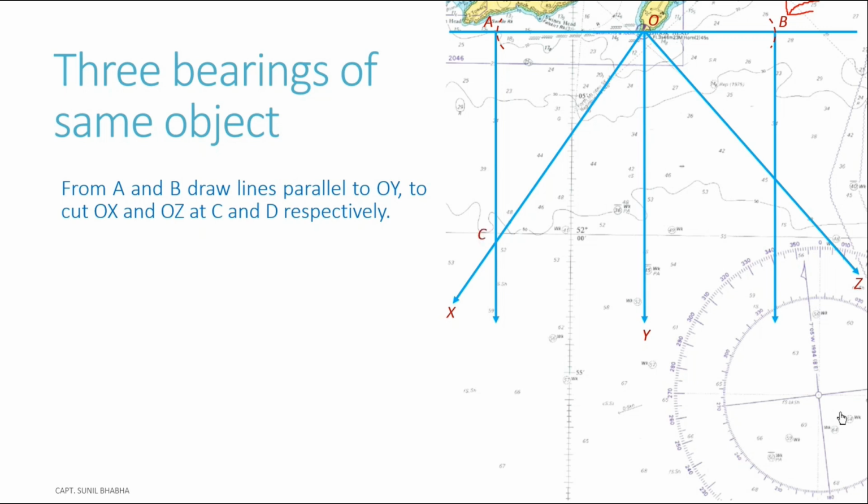The point where the parallel line passing from A cuts my first bearing line OX, let's name that point as C. And the point where the line drawn from B cuts my third bearing line, that is OZ, let's name that point as D.